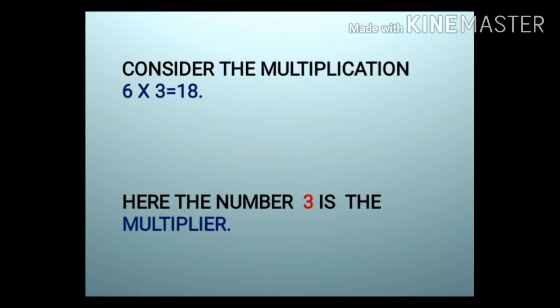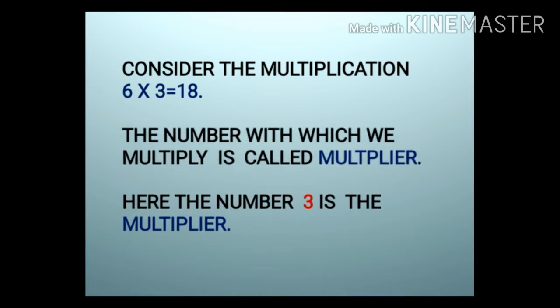Here the number 3 is called the multiplier. Why? Because the number with which we multiply is called multiplier. So remember children, the number with which we multiply is called multiplier.